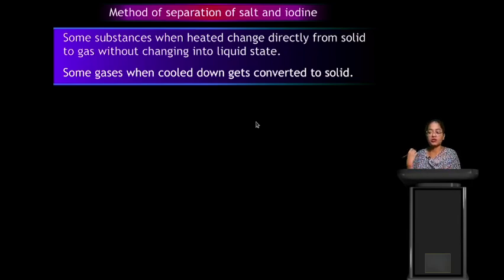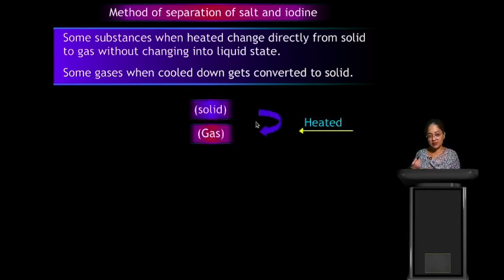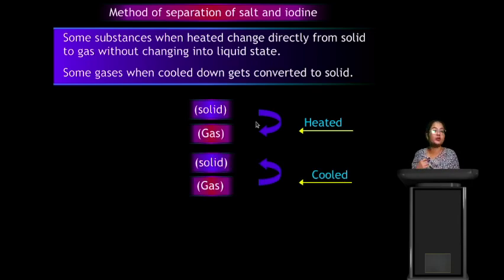But because of some process, they become ice and then fall as snow. So they do not go through the liquid state. That is an example of gases becoming solid without going through the liquid state. A solid, when heated, becomes gas and does not melt like ice. And a gas, when cooled down, becomes solid and does not condense into liquid.